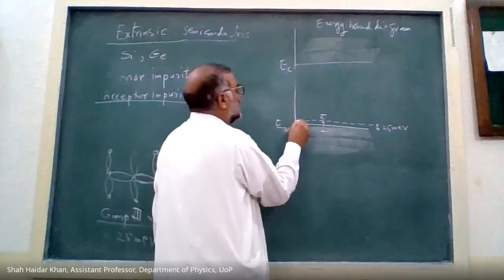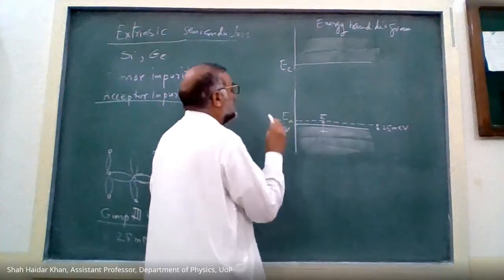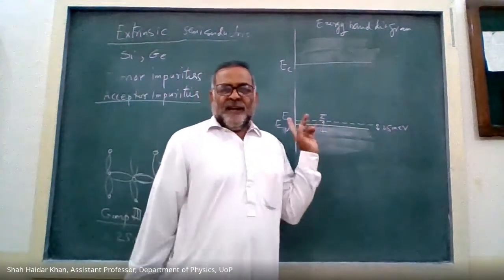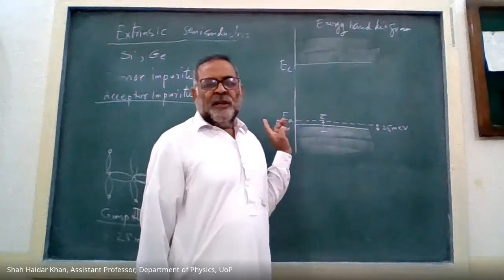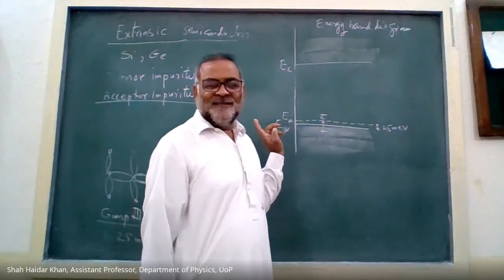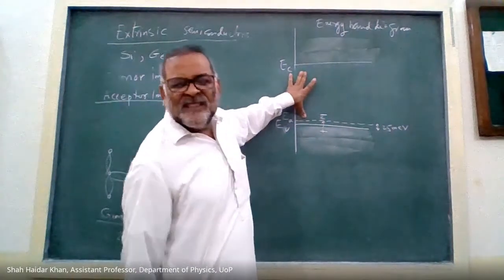We call them acceptor levels. We can call it EA. We say an acceptor impurity introduces acceptor levels in the forbidden gap.